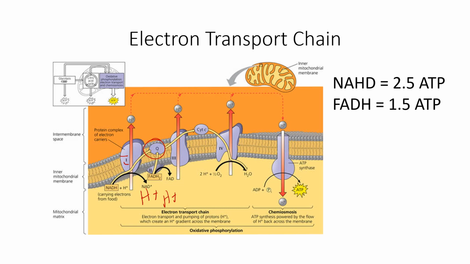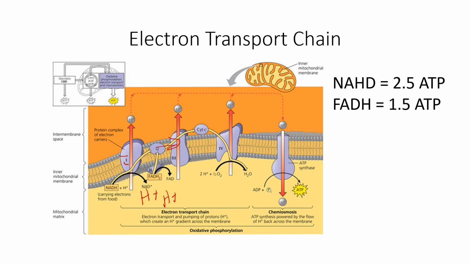And what coenzyme Q does to complex 1 is ultimately it oxidizes complex 1 by becoming reduced itself. What I'm saying is it takes the electrons from complex 1. And by taking those electrons from complex 1, it takes the electrons then to complex 3.